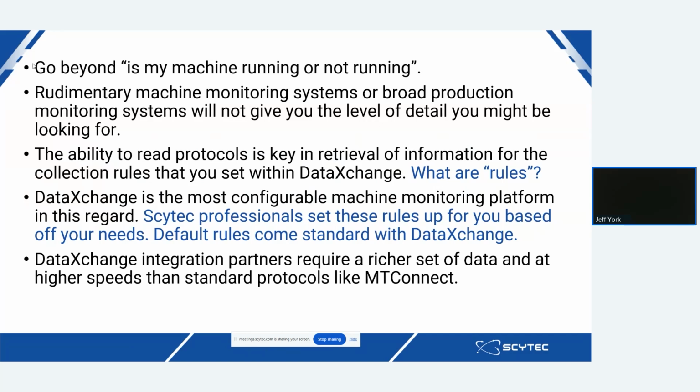You can also establish escalation rules, like after an hour, a supervisor gets notified, and after 2 hours, a manager gets notified, or whatever you deem necessary. These rules are set up internally by Scytec professionals, so you tell us what you would like to see happen, and we can set these rules up for you.